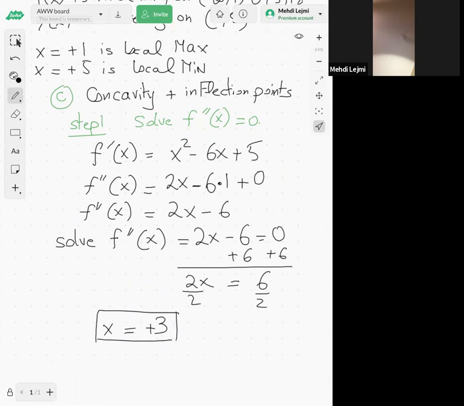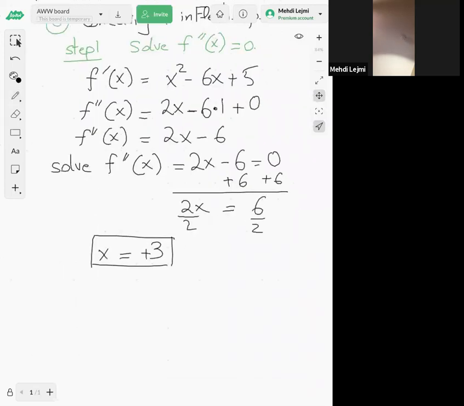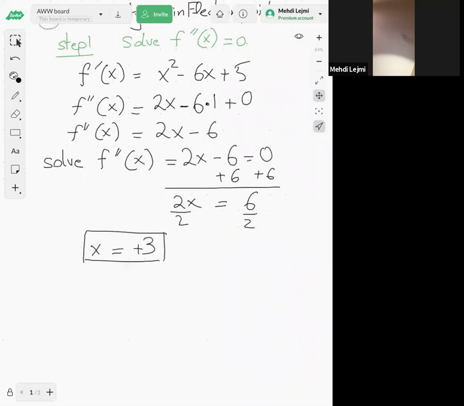Okay, so we have one solution for f second equal to 0. That's positive 3. Then the second step, we're going to make the chart for f second. So step number 2, chart of f second of x.